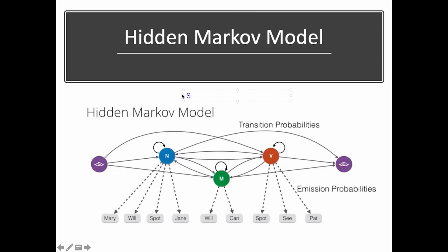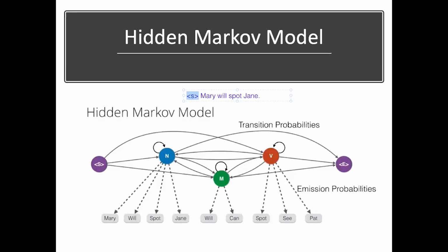Can everyone see the annotation? Yeah. So this is the sentence that we're trying to tag, which is Mary will spot Jane, and we need to understand what parts of speech we have in this sentence.